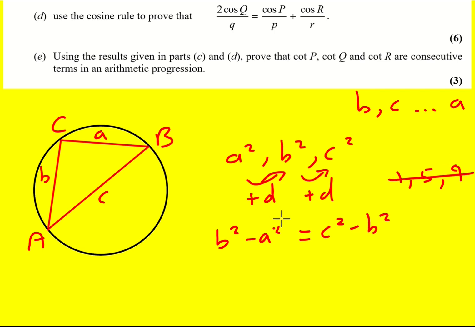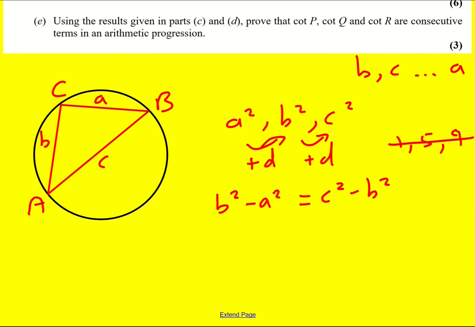Well, we have a relationship. That's not the end, but it's a good starting point. Next, because this goes through the center, we can use the angle in a semicircle circle theorem.